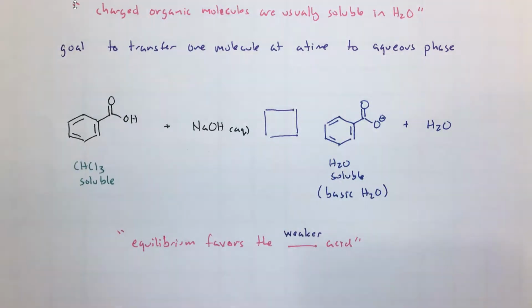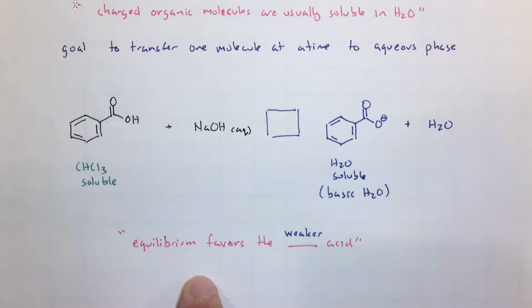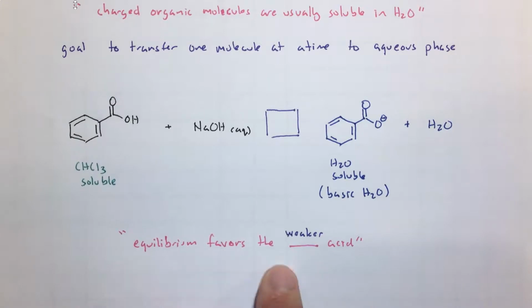Because if you're a very strong acid, you want to give up that proton and get to the product side of the reaction. But if you're a weak acid, then you don't have a lot of motivation to get rid of that proton. So you could think of this as the reaction going away from the stronger acid, or as the reaction deprotonating the stronger acid. But most people say equilibrium favors the weaker acid.